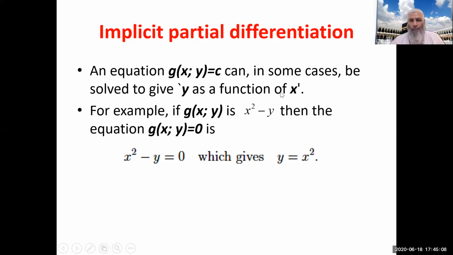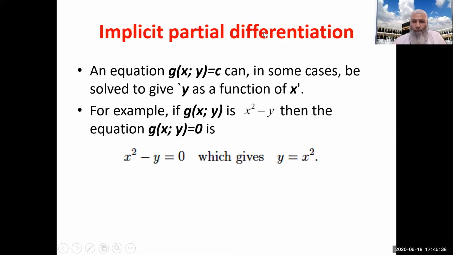For example, if g of x, y is x squared minus y, then the equation g of x, y equal to 0 is x squared minus y equal to 0, which gives y equals x squared.